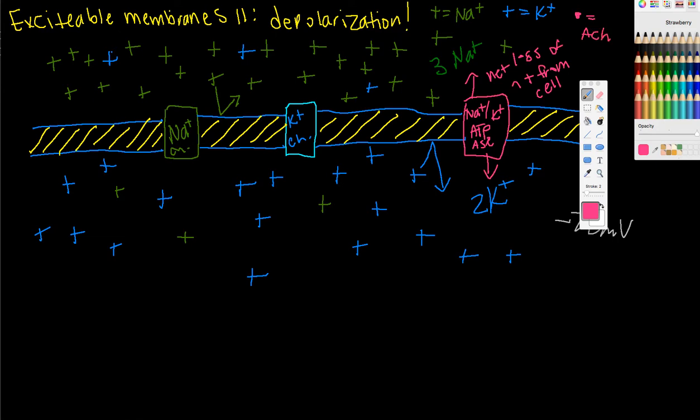I'll write it down here. So you don't need to know any specifics about acetylcholine yet, just that it is a ligand. And I'm going to tell you that this is a ligand-gated sodium channel.